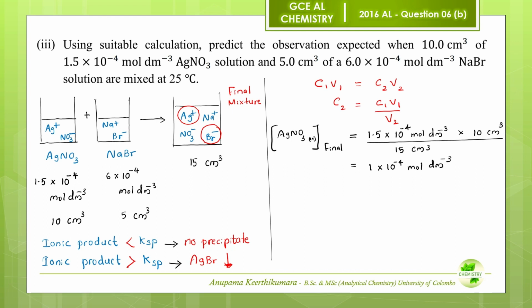When one silver nitrate molecule dissociates, it gives one Ag+. The stoichiometry is 1:1. Therefore, Ag+ concentration in the final mixture is also 1 times 10^-4 moles per cubic decimeter.